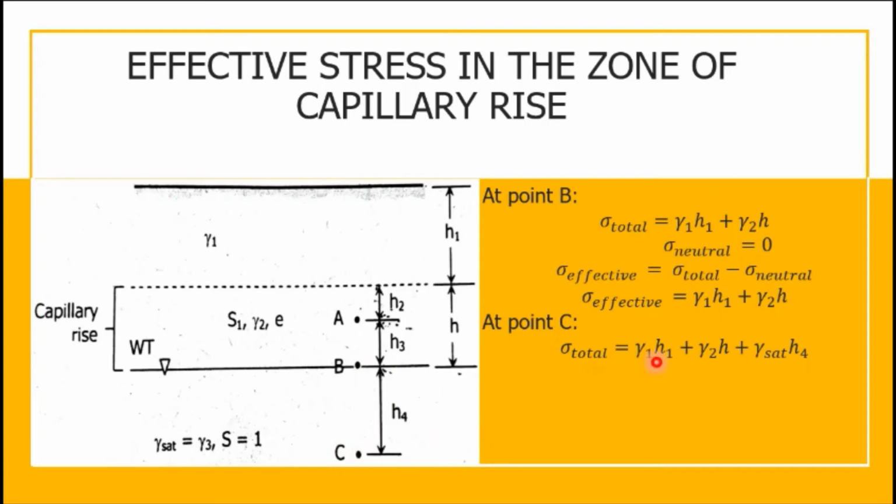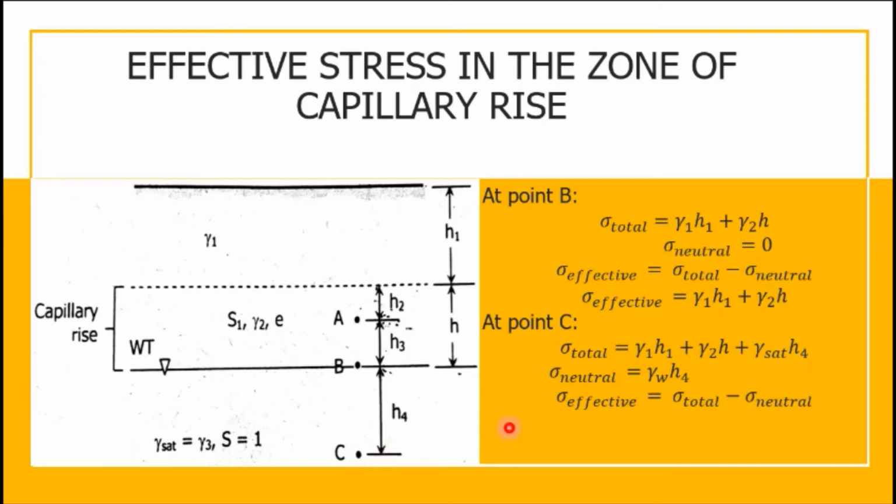So the total stress is equal to the unit weight sub 1 H sub 1 plus unit weight sub 2 H sub 2 plus the saturated unit weight H sub 4. And then the neutral stress. Again, ang neutral stress natin ay nasa ilalim ng groundwater table magsisimula. So the unit weight of water multiplied by H sub 4 hanggang dun sa point na kinukuhaan natin ng neutral stress.